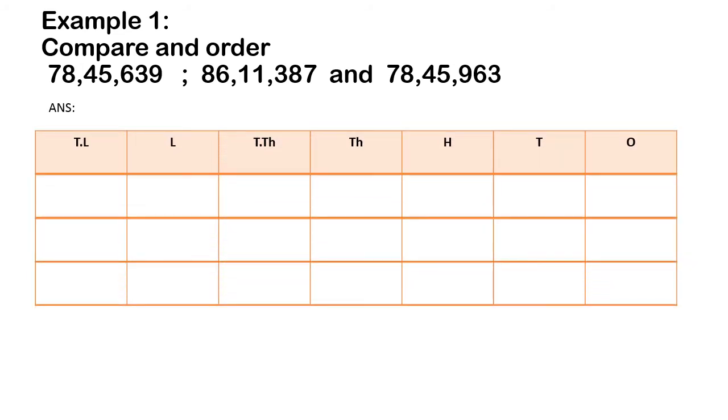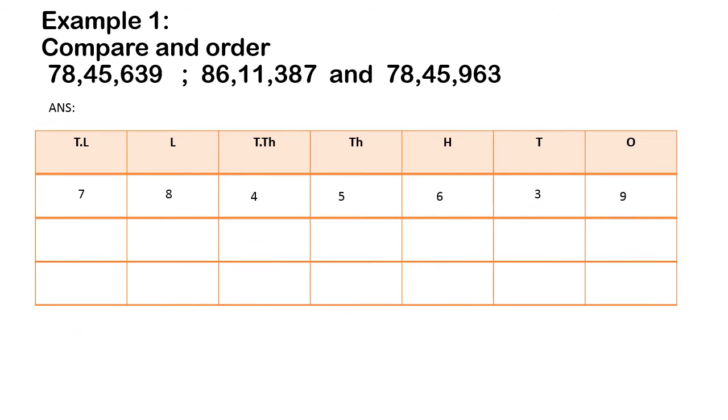So example 1, compare and order. They have given 3 numbers. Now we are going to compare these 3 numbers and order these 3 numbers. So the first step is we have to draw one place value chart. The first row you have to write ones, tens, hundreds, thousands, ten thousands, lakhs, ten lakhs. Okay. Now we are going to fill the table.